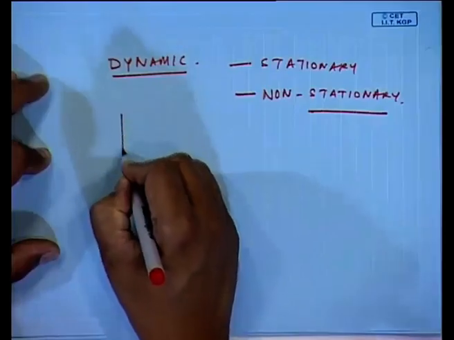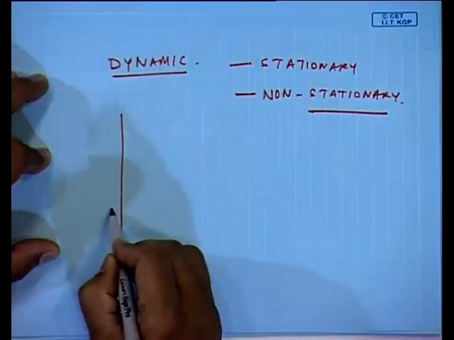So, the door slamming is a typical example of a non-stationary signal. But in CBM, because our machines will be running at almost constant speeds, we will be focusing more on the stationary signals.